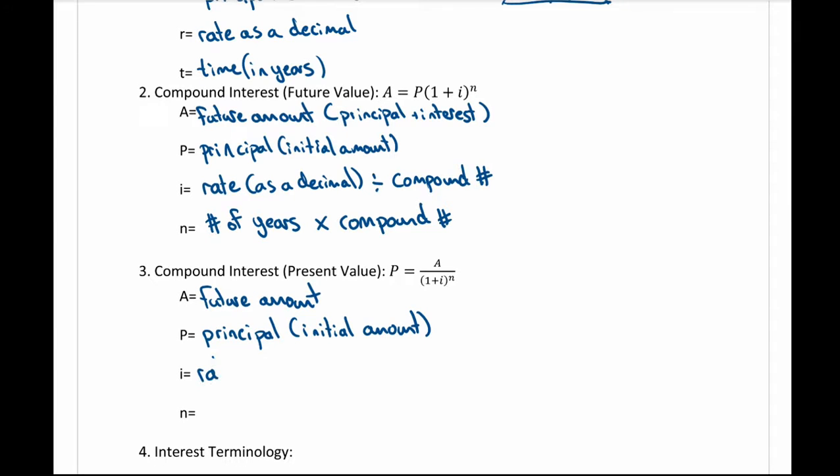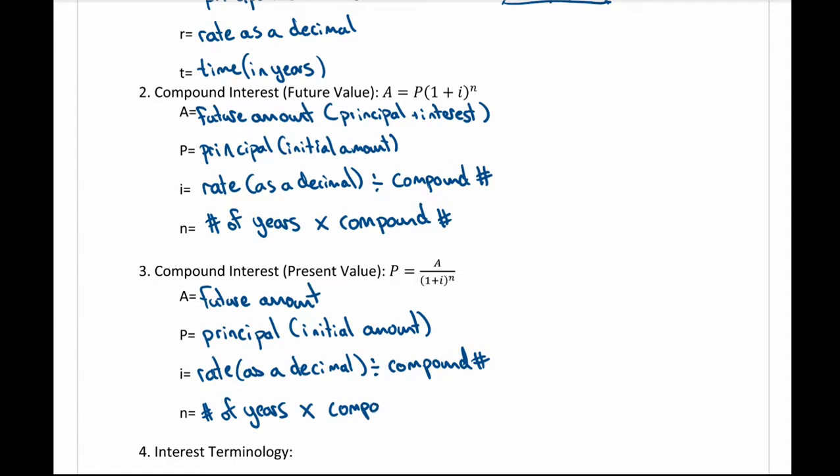I was our rate as a decimal, divided by our compound number. So exactly the same variables as the previous equation. It's actually the exact same equation, just rearranged to solve for P instead of A. N is our number of years multiplied by the compound number.